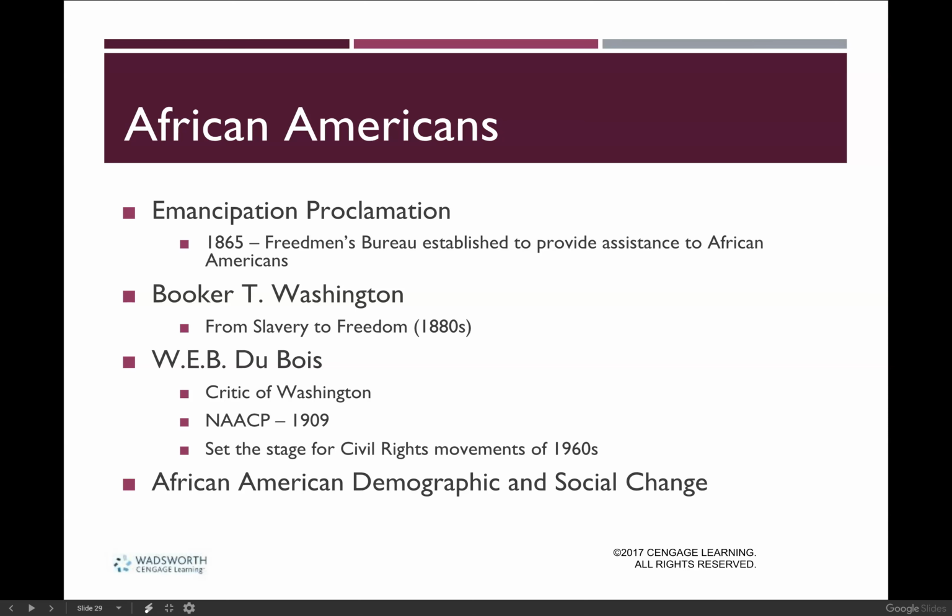He thought Washington was moving too slow. He wanted immediate, flip-the-switch freedom, while Washington thought incremental change was the way to go. Du Bois was one of the founding members of the NAACP, started in 1909. He set the stage for a lot of the civil rights movements that happened in the 1960s.